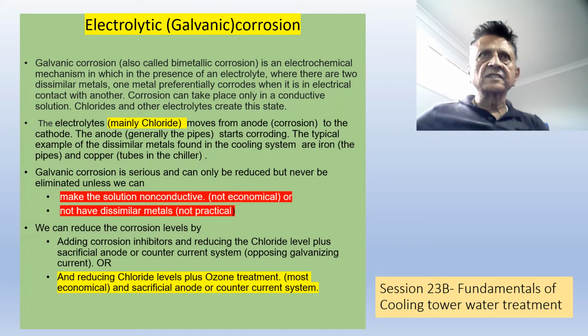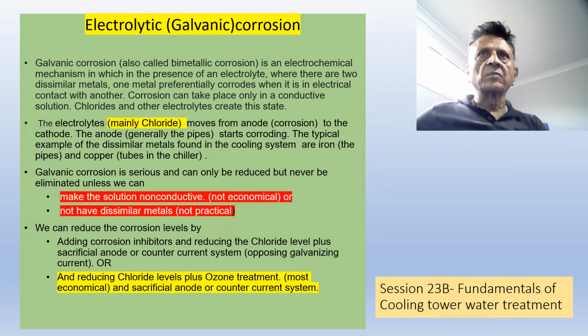We have discussed other types of corrosion, such as erosion corrosion, chemical corrosion, and biological corrosion. Now, the fourth type of corrosion, which is extremely important, particularly with cooling tower systems, is galvanic corrosion.